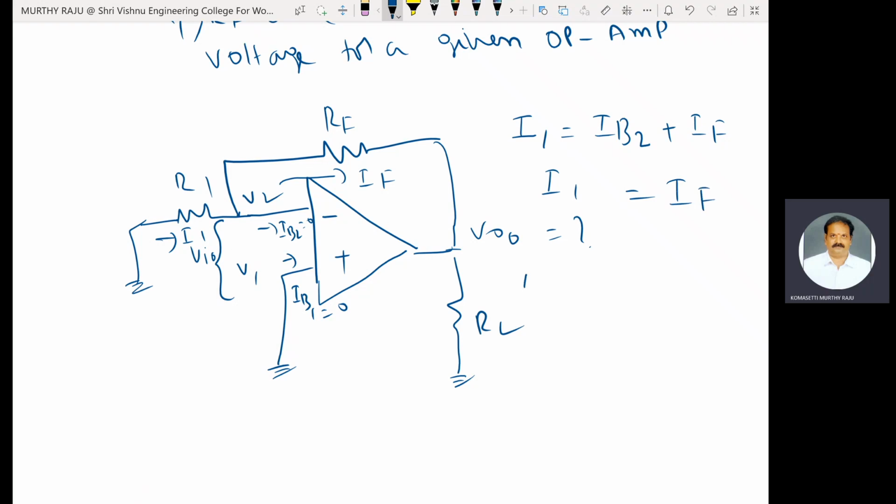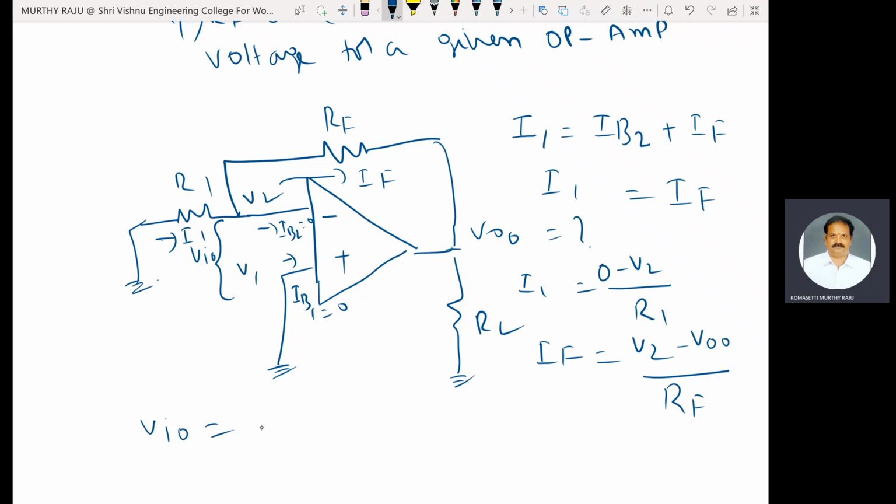I1 is equal to 0 minus V2 by R1. IF is equal to V2 minus V00 by RF. We know that the output offset voltage is represented by the manufacturers in the data sheet, either positive or negative.